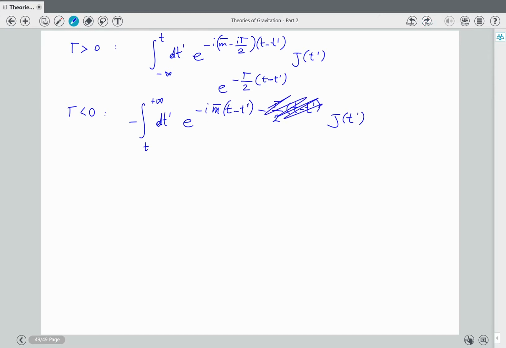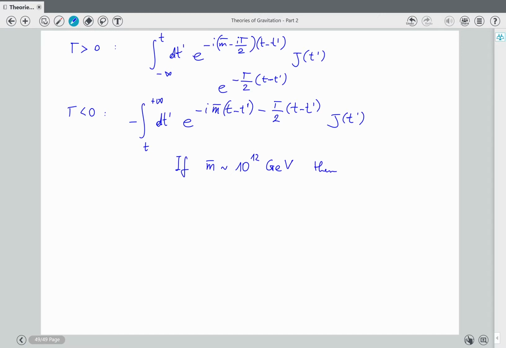So if m bar, which could be the mass of this spin 2 field chi, is not even necessarily around the Planck mass, let's assume it's much smaller than the Planck mass. Let's assume it's 10 to the 12 GeV.